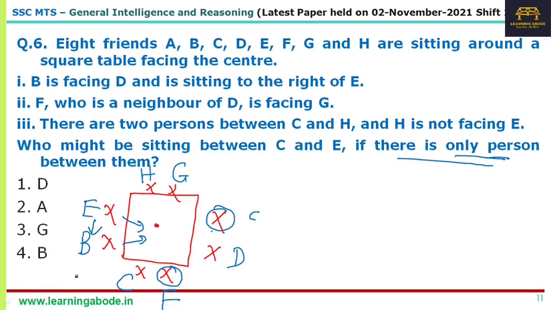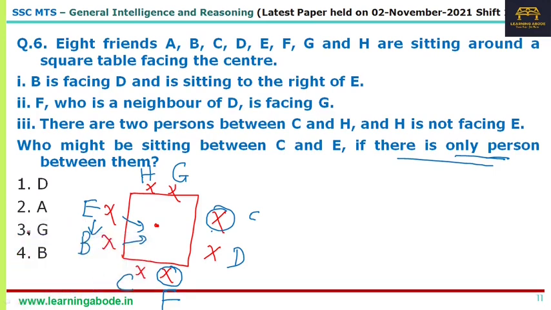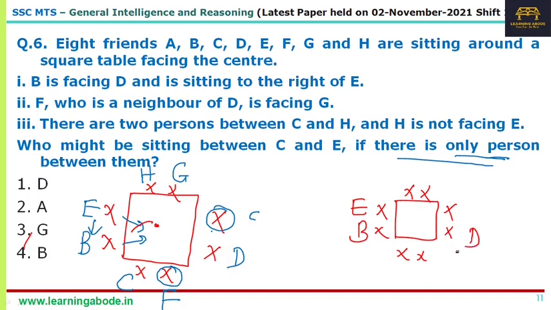I'll redraw this once again and explain this part once again, just to confirm that we have checked all the conditions. We have a square table and there are 8 people sitting around. First we have B sitting to the right of E and opposite is D, and then we have F sitting opposite to G. Why are we not placing F here?